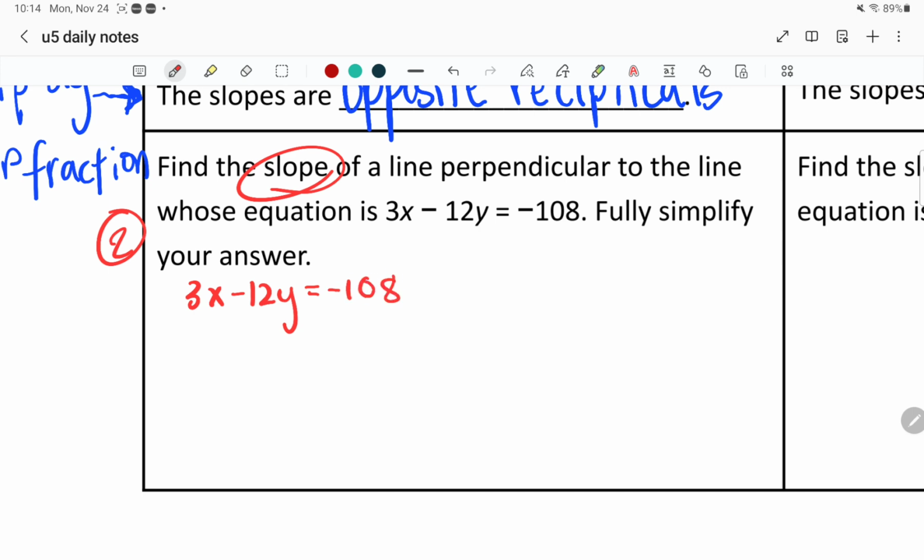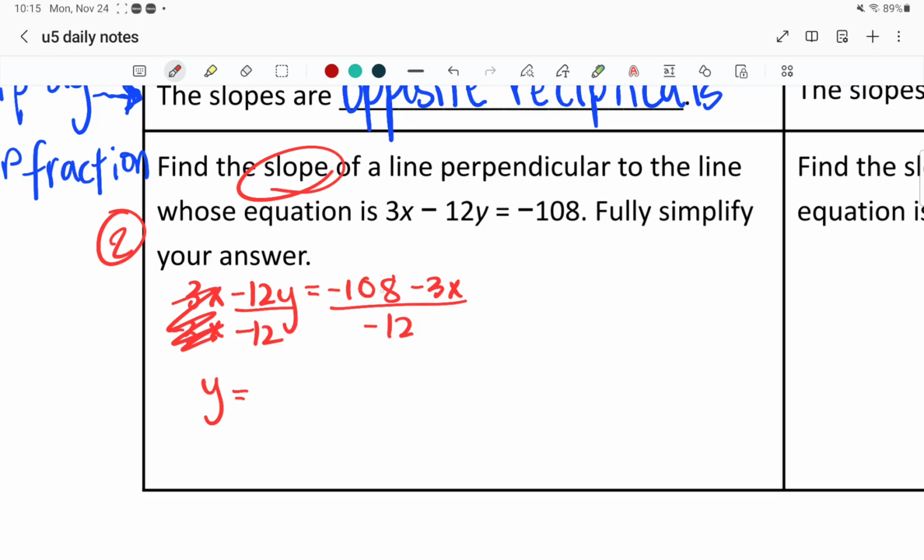Okay, when we are solving for y, that is, I move the x term over and I divide the y term. So I can't combine the 3 and the 108 because one has an x and one doesn't. And I'm going to divide the y term because they're being multiplied.